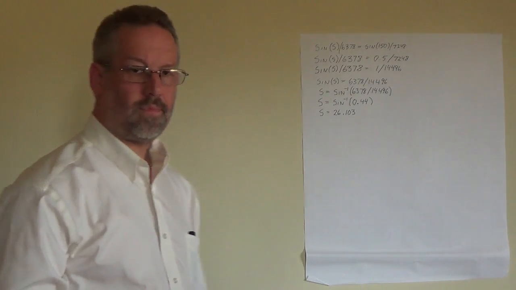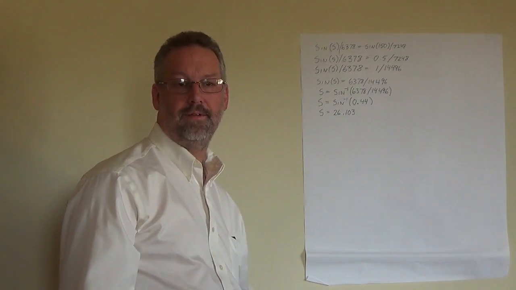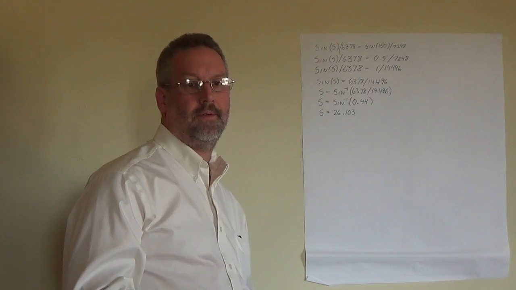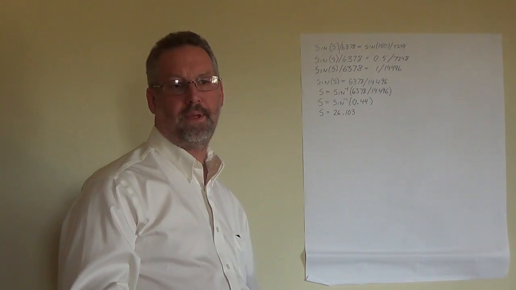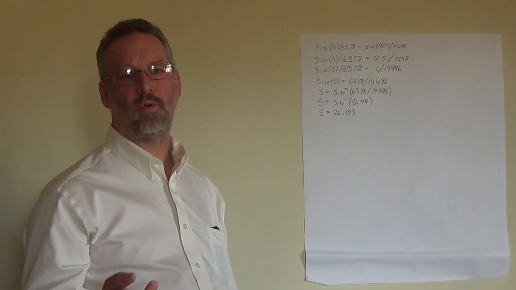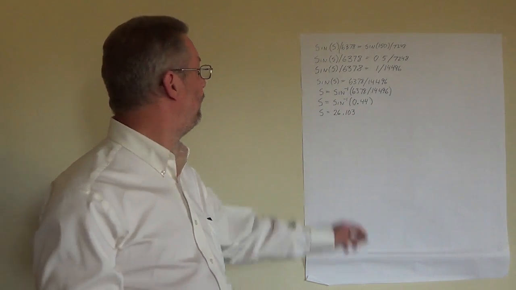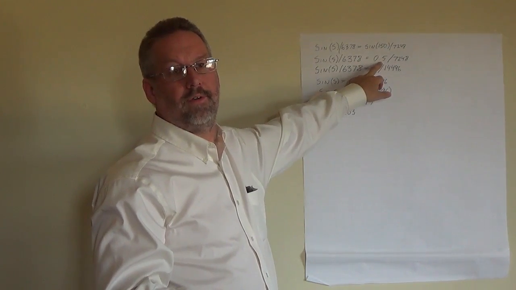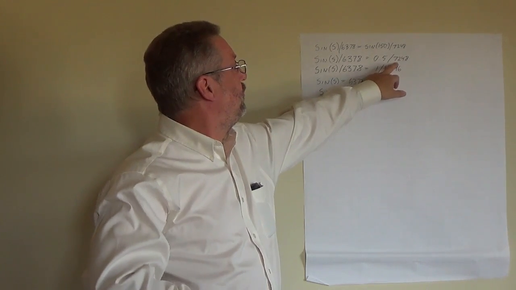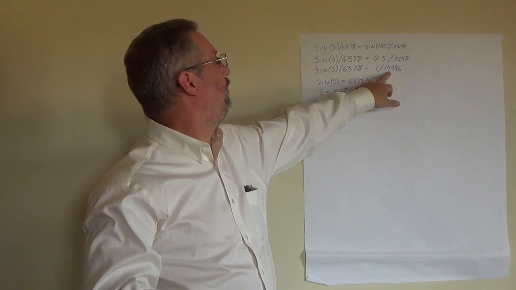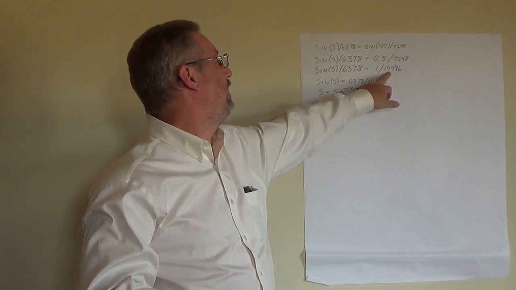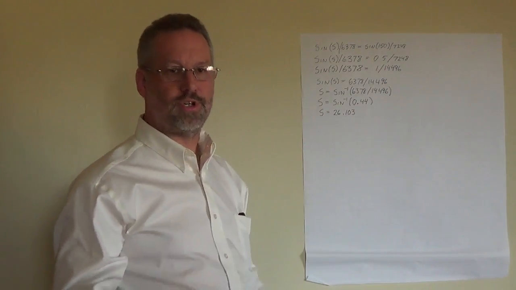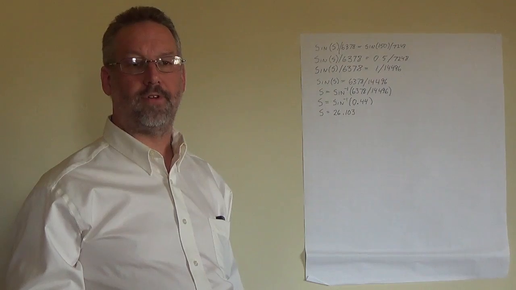Now, all we have to do now is use, again, the law of sines to solve for that slant range. So basically this is lather, rinse, repeat. Now from that first law of sines equation, we already have a ratio of 0.5. From here, we understand that it's 0.5 over 7,248, which is actually 1 over 14,496. So we already have the first portion of that. So let's just solve it.